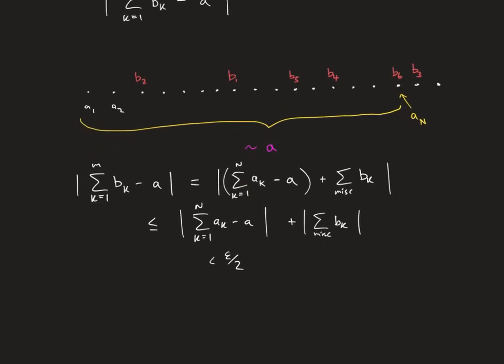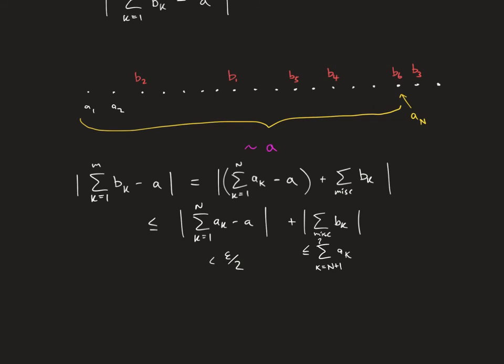So this thing here is less than or equal to the sum of the b_k's. All these b_k's are going to be a_k's, from k equals big N plus 1 up to whatever. It doesn't even really matter, so I'll just put a question mark there.